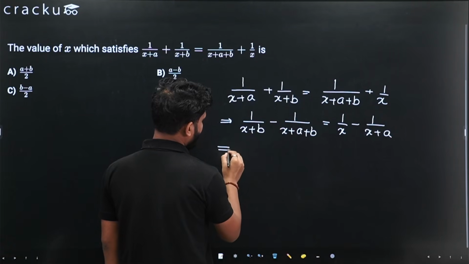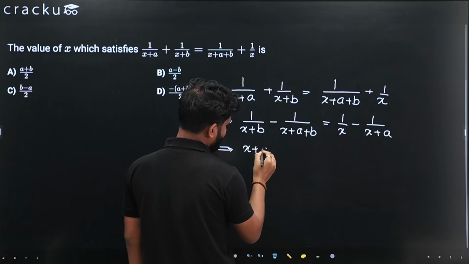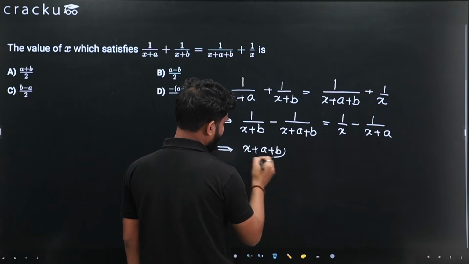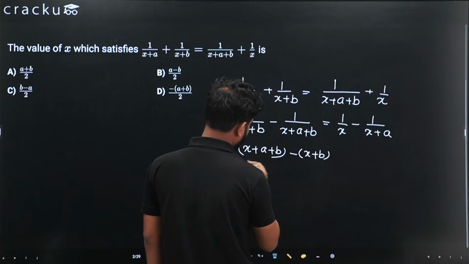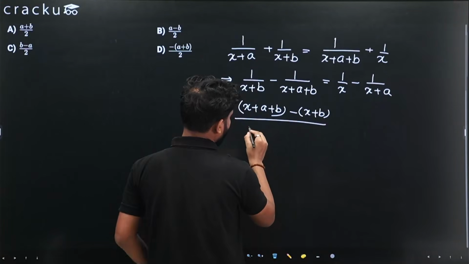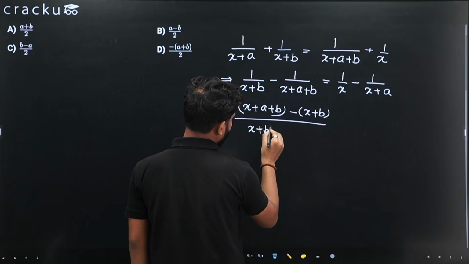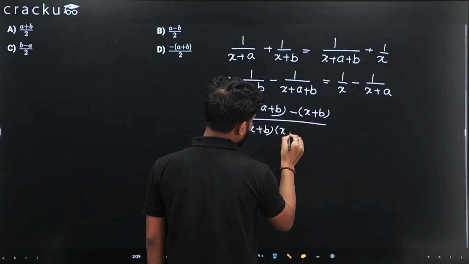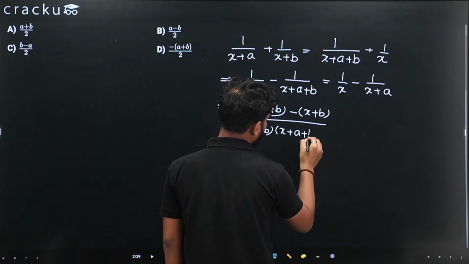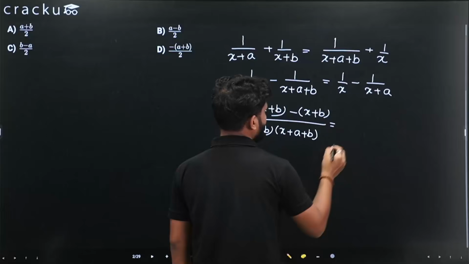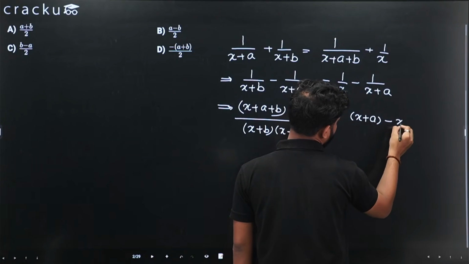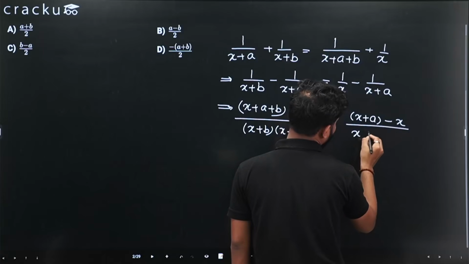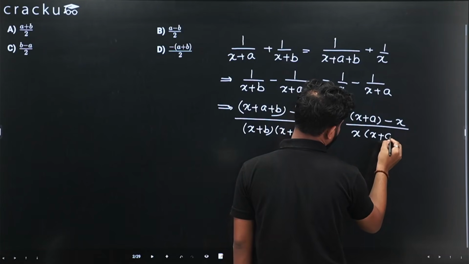From here what can I write? I can write x plus a plus b minus x plus b, divided by x plus b into x plus a plus b, is equal to x plus a minus x, upon x into x plus a.